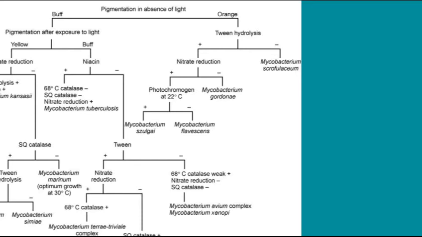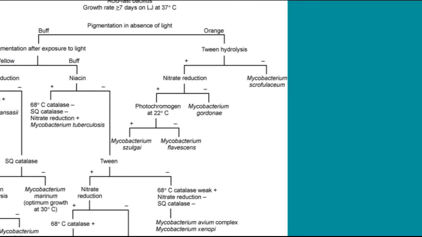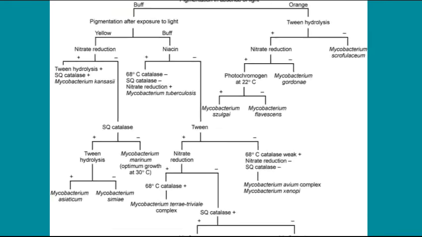Pero kung positive siya, tapos you proceed with nitrate reduction. Then check if it is photochromogen at 22 degrees C. Then it could be, if it is positive, then it's szulgai. If it is negative, then it's flavescens. If it is negative in nitrate reduction, it's gordonae. Okay? Orange, negative in nitrate reduction, gordonae. Okay?